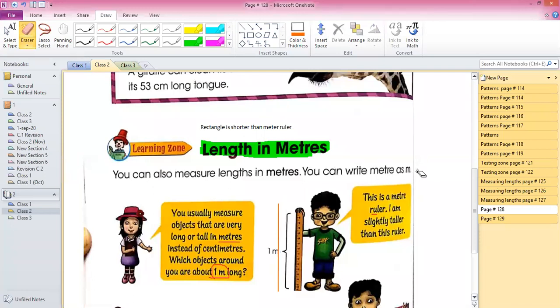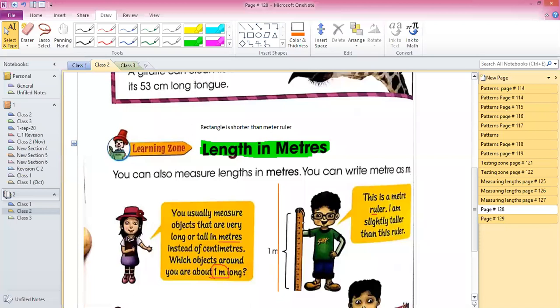If I make it even bigger, look, this line is bigger than this ruler. So you can say, sir, this line is taller than the meter ruler.